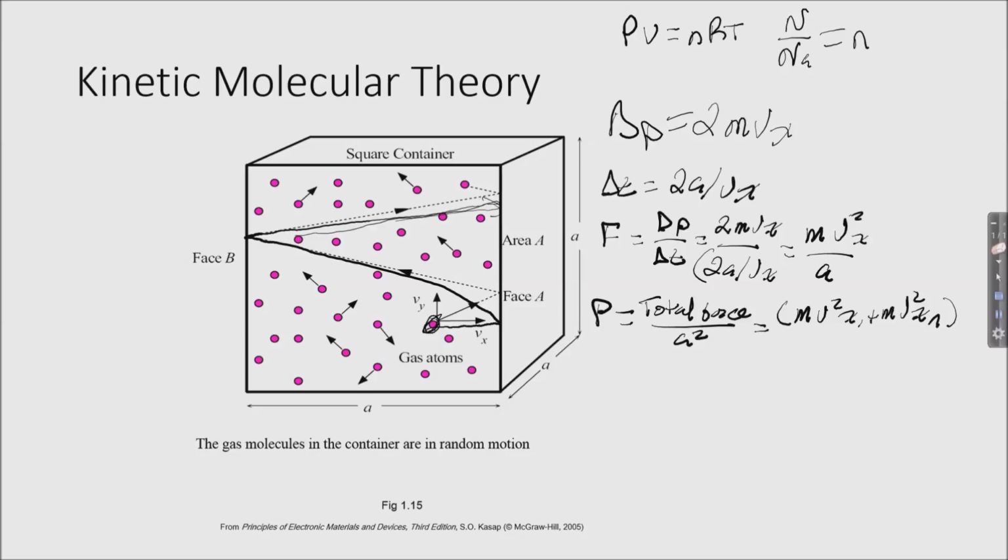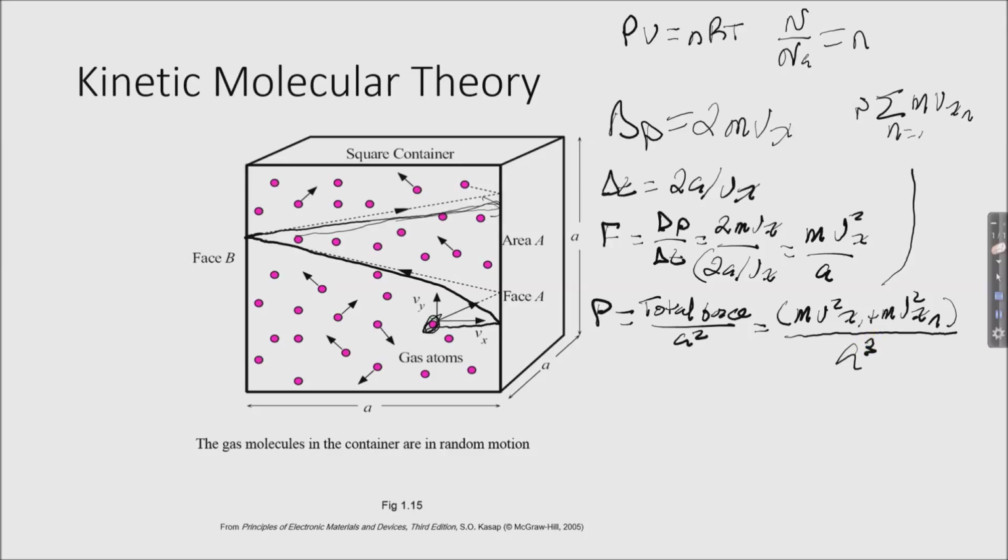The book also neglects to include the term for the number of molecules hitting face A. So you could describe this portion as the sum, n equals 1 to N, of m v_xn squared, and you could factor out the m as well, but we won't at this point. Okay, so don't get hung up on the notation. And so this is divided by a cubed.